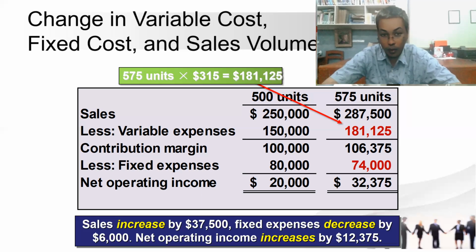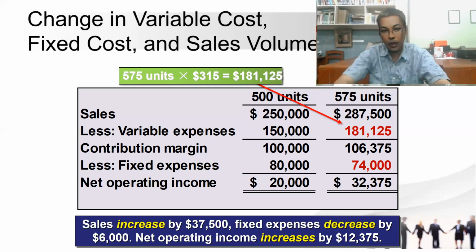So as you can see, 80,000 fixed expense normally would become what? 74,000 because we are no longer paying a salary of 6,000 for a salesperson. But doing these things, we still have a net income of 32,375. That is our profit. And our profit, if you compare to 20,000, increased by 12,375. Okay, still a good decision to make.